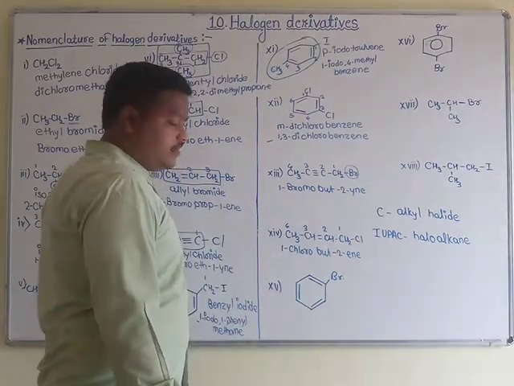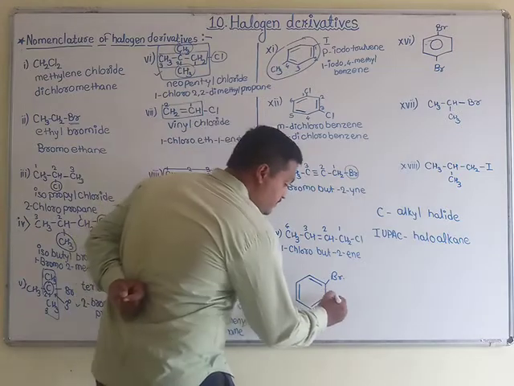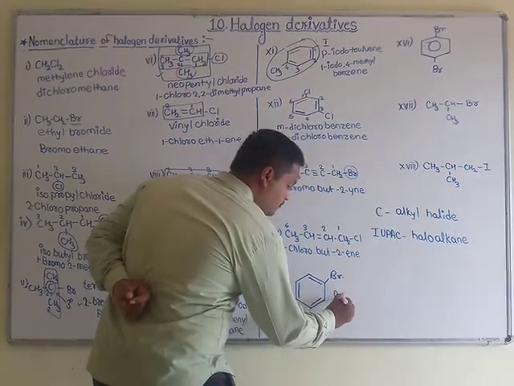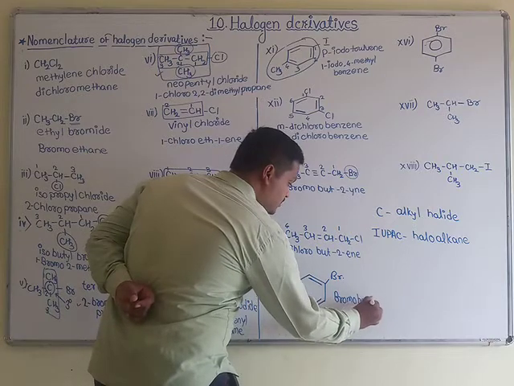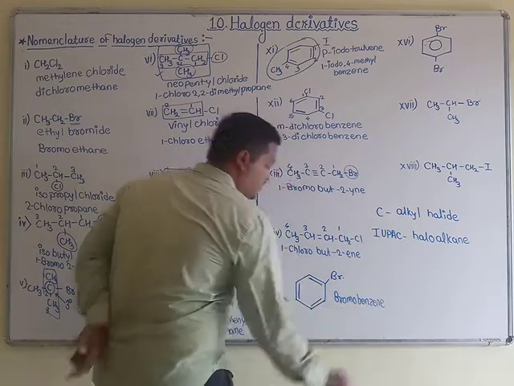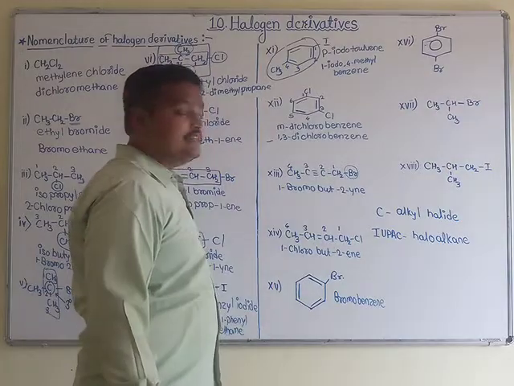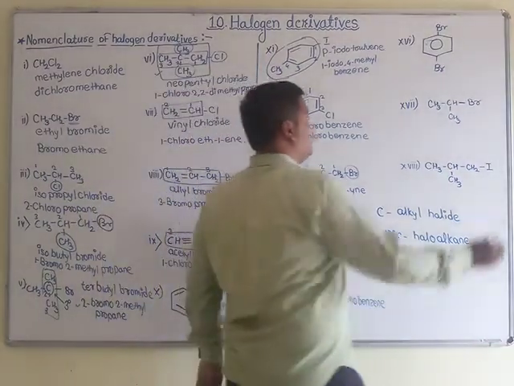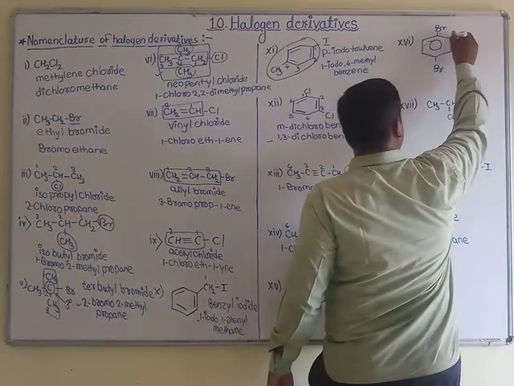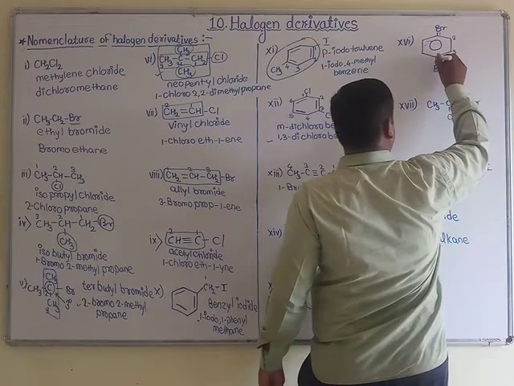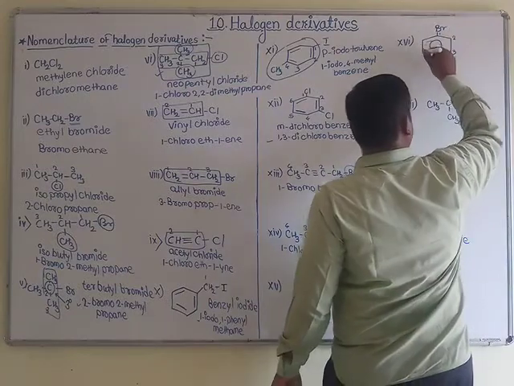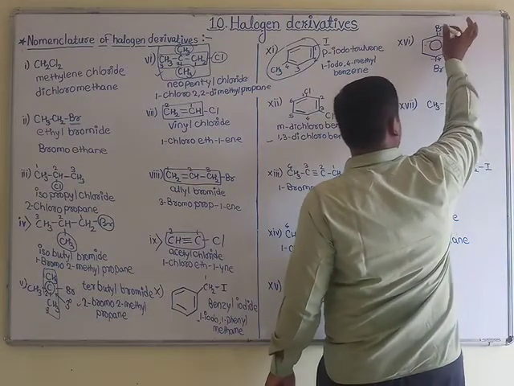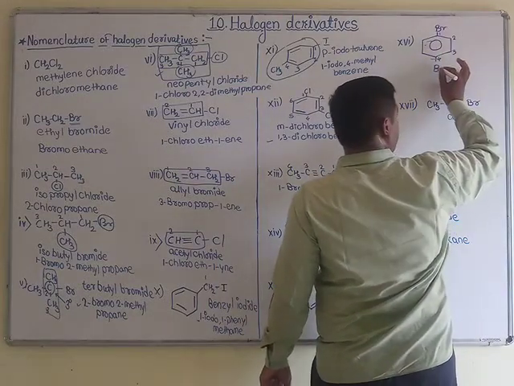Bromobenzene. Yes, okay, what is its name? Bromobenzene is the IUPAC name for this compound. See here, what is its IUPAC name? Here a benzene ring is present and numbering starts from one bromine to the next bromine.